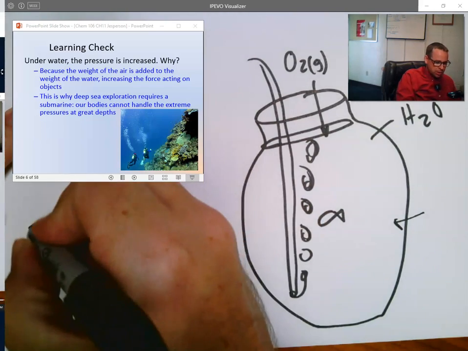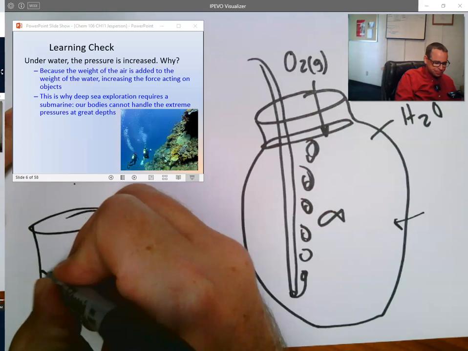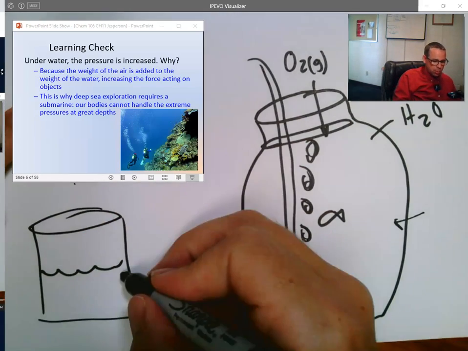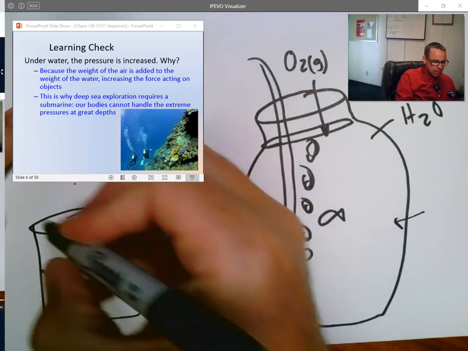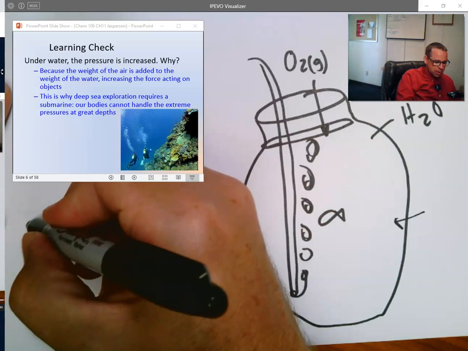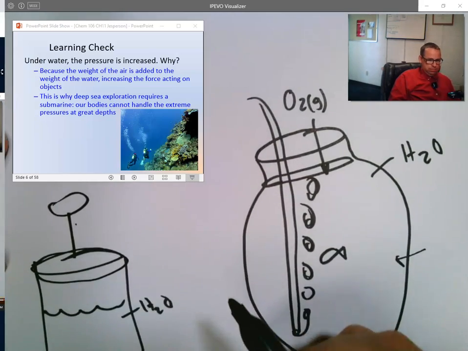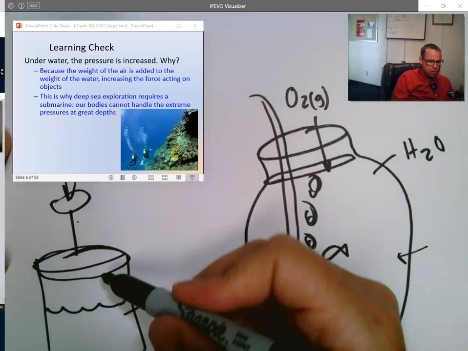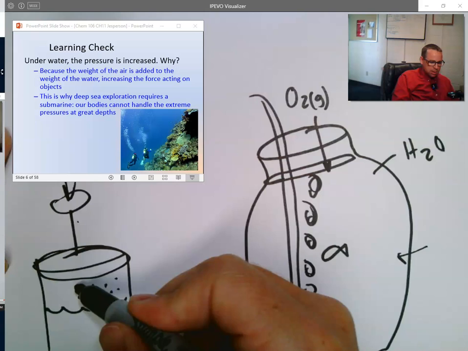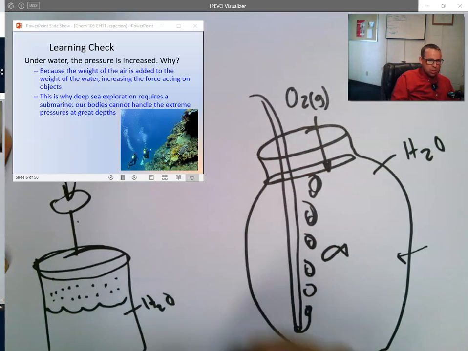So if I had some sort of a container here with a liquid, let's say that's my water there. And then let's say I took some sort of a plunger apparatus, right? And just pushed down hard and tried to squeeze this gas into that water, right?